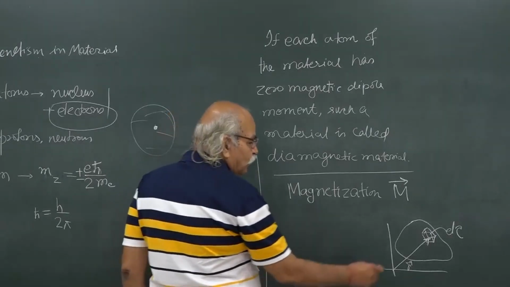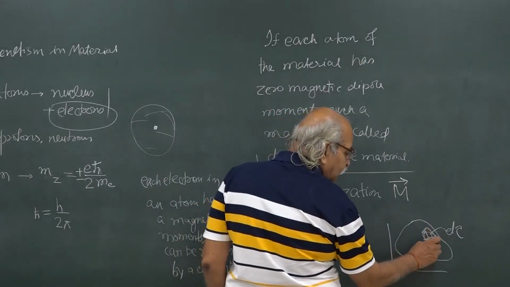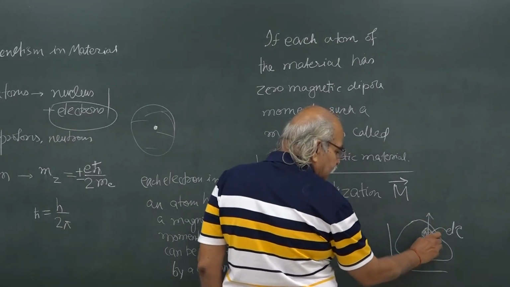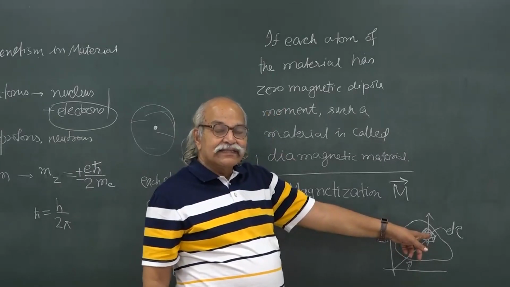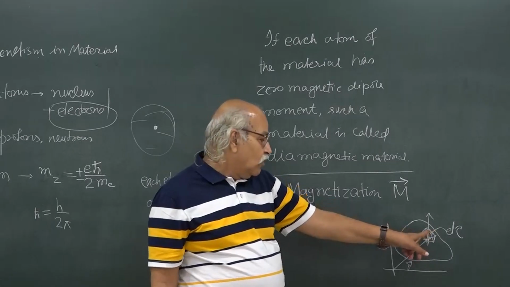And then ask, what is the total magnetic dipole moment of all the atoms taken together here? All the atoms in this d tau, how much is the total magnetic dipole moment of all these atoms?